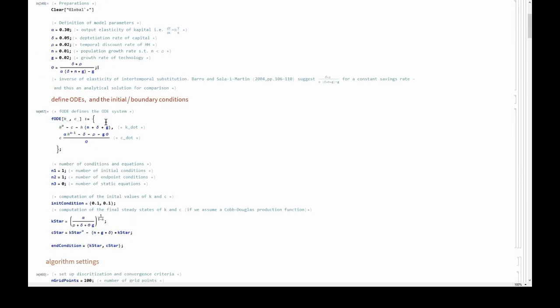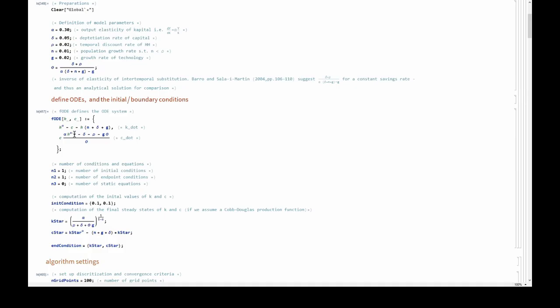Given the parameters, we can set up our ordinary differential equations, one for how capital changes and one for how consumption changes. These are exactly supplied by the theoretical videos you might have watched already.